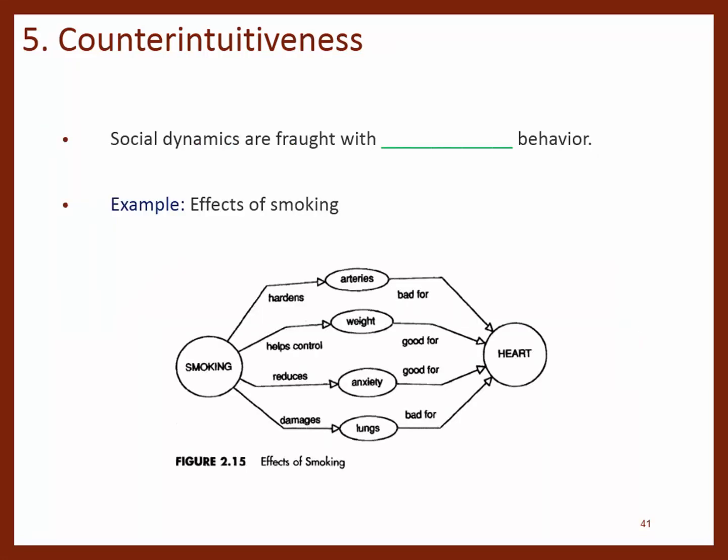Social dynamics are fraught with counterintuitive behavior. Example: the effect of smoking. Smoking hardens the arteries, but helps control weight. If you are trying to control your weight, that could be positive, right? Even though the other effects are really bad, you might not see them right away.